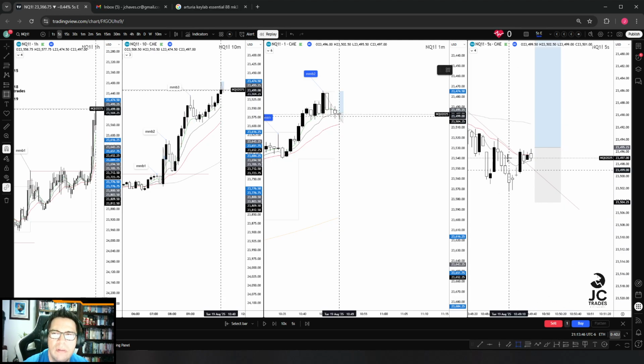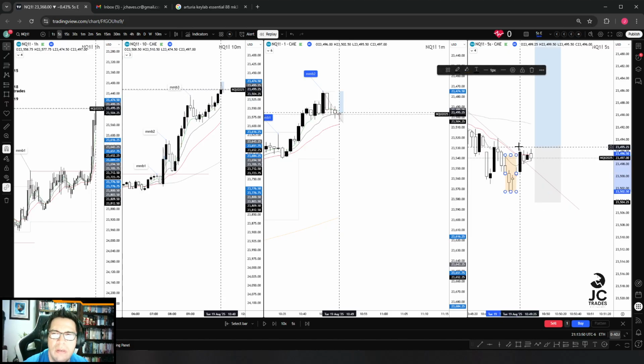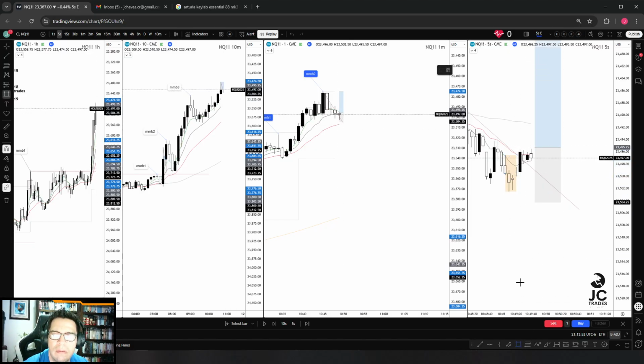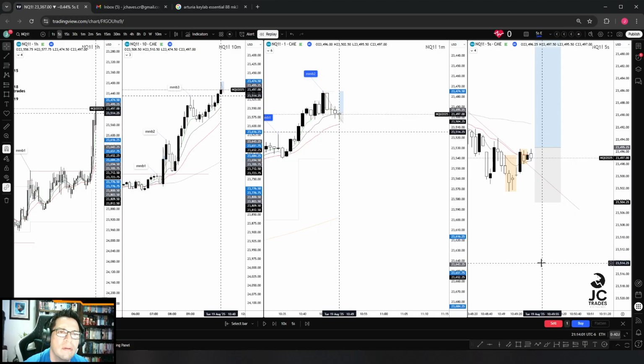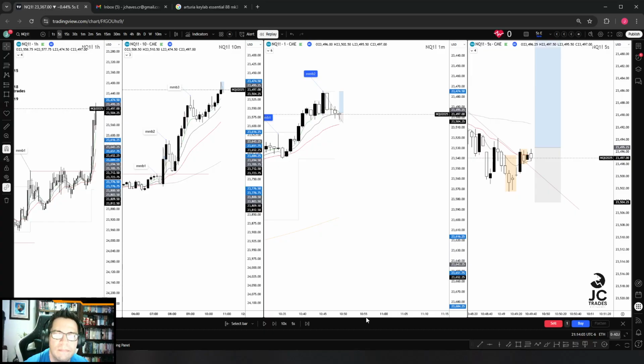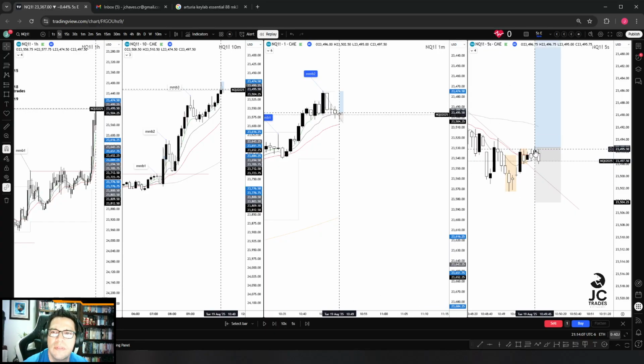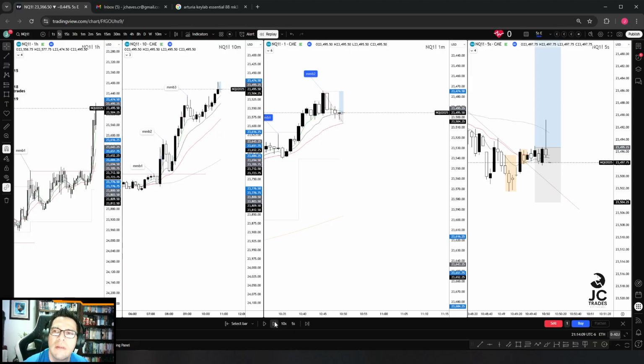So from here and here, these could somehow be a valid sell stop. So let's see if that gets a tap in. That would have tapped us in there. Okay.